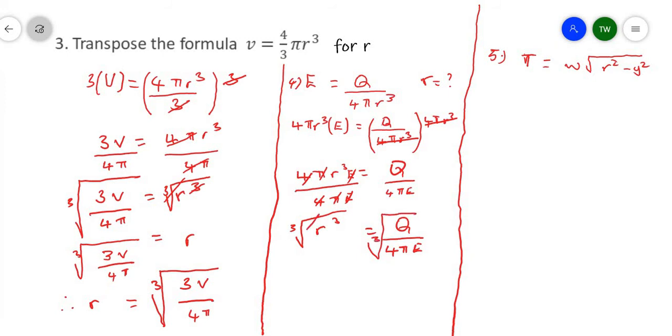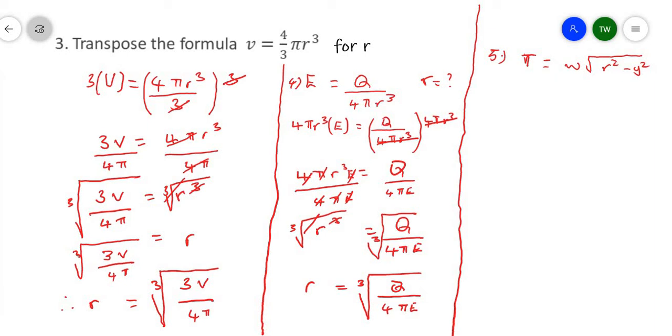The cube root sign will cancel out the power 3 here, leaving you with just R equal to the cube root of Q all over 4 pi E. And you're finished. So R is now the subject.